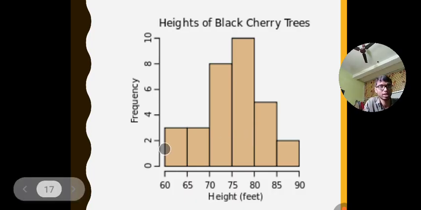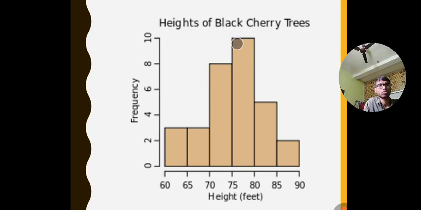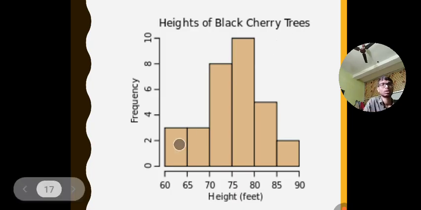Here we are saying, from here till here, 65. The height of black cherry trees is how much? It would be between 60 and 65.